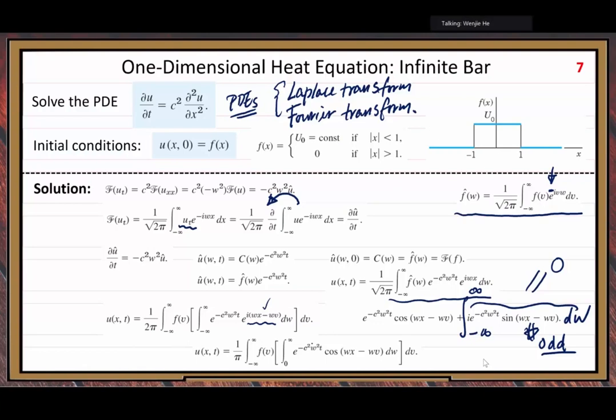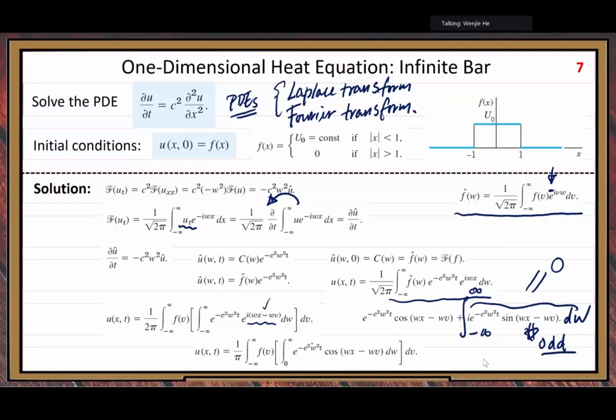We have numerical calculation. We know how to calculate an integral numerically, right? Simpson method.